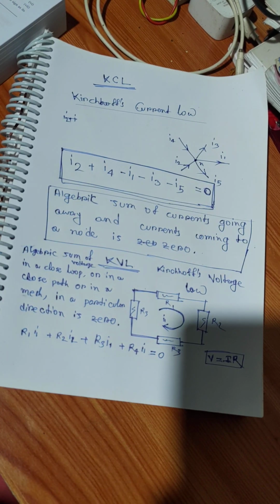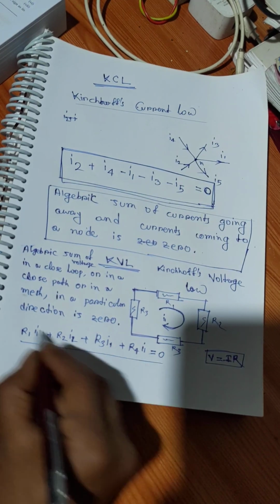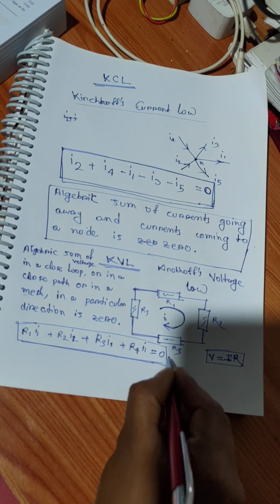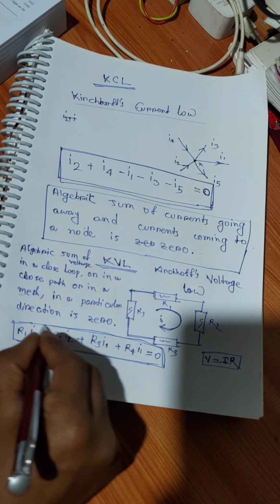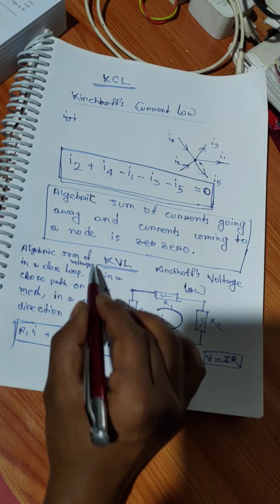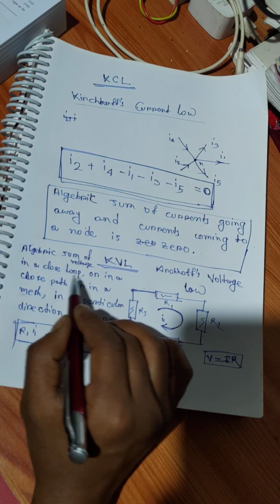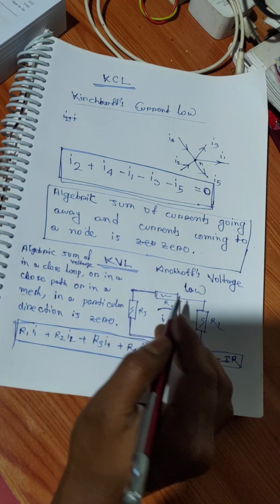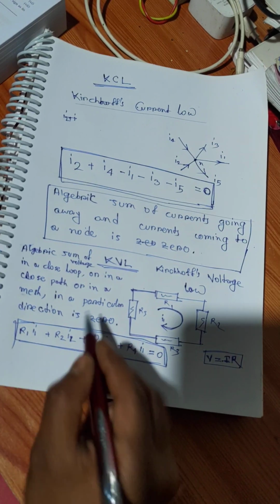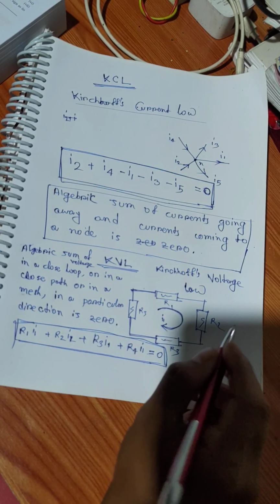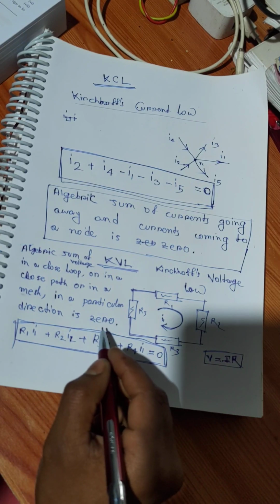You got it. The algebraic sum of voltage in a closed loop or closed path or mesh in a particular direction is 0.